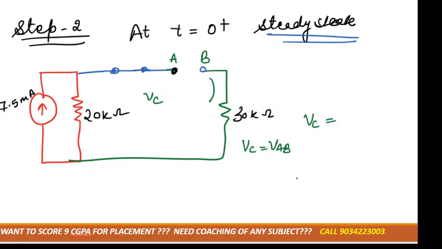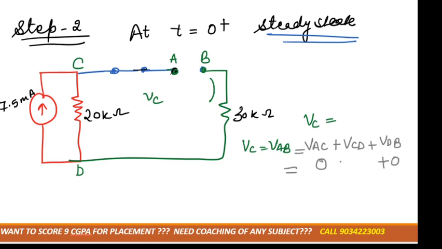Now can you tell me VAB is how much? As you can see, you are standing at A position, you have to move to B, right? I told you we have to calculate voltage by this formula only. So which path can you go through? VAC plus, tell me. Yes, this one and this one.